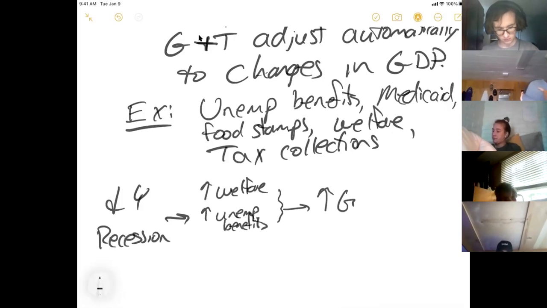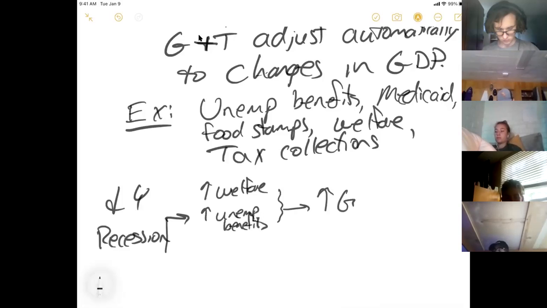Meaning automatically, government spending goes up. And Congress and the president don't even have to do anything. This is the way that these programs are designed to work. They're designed to be automatic stabilizers that kick in automatically.